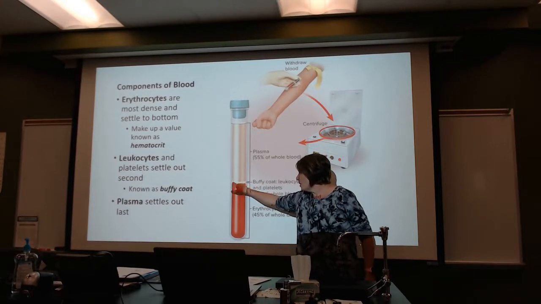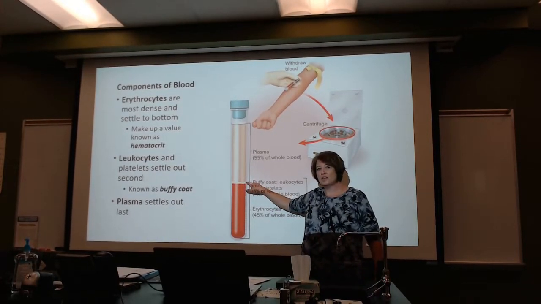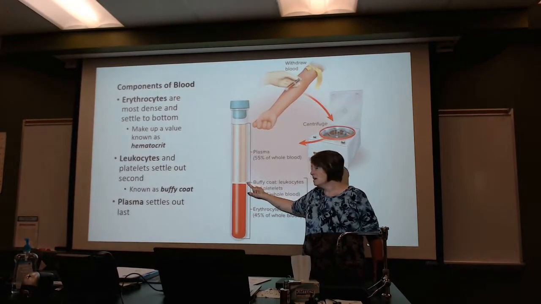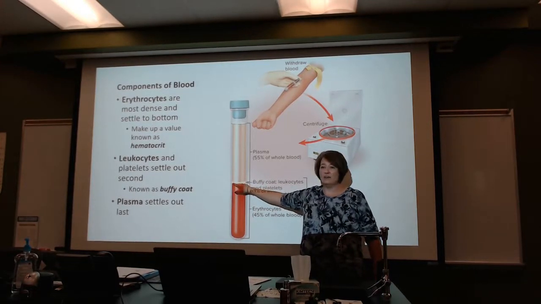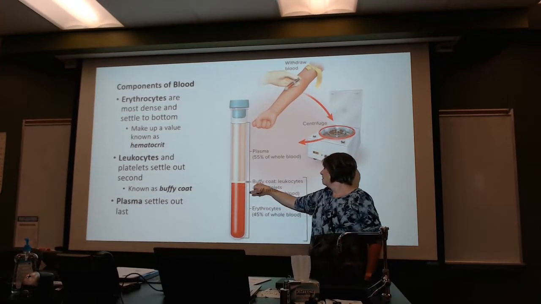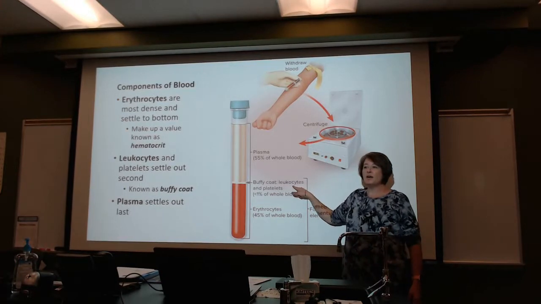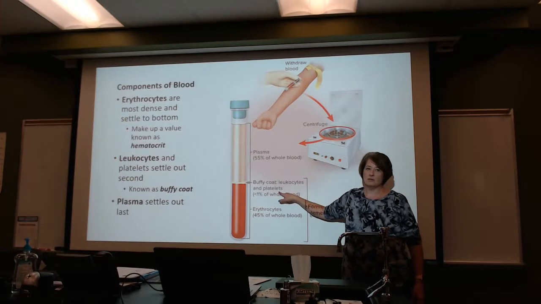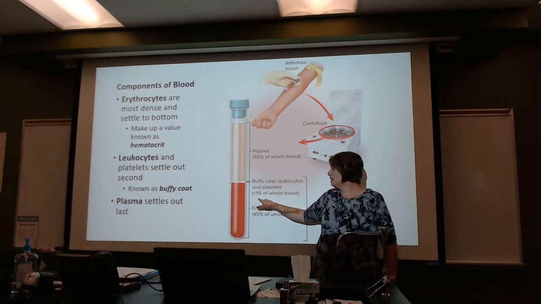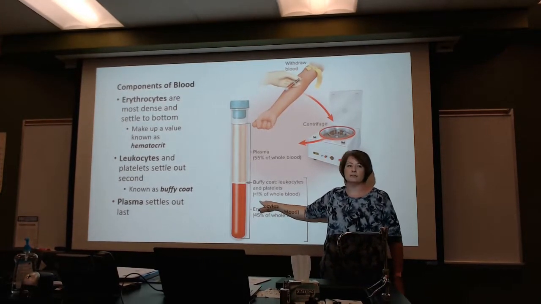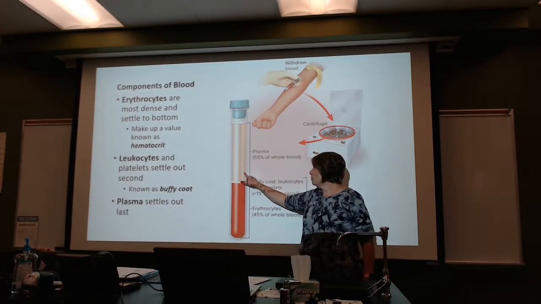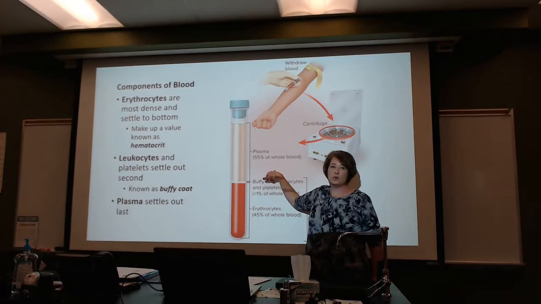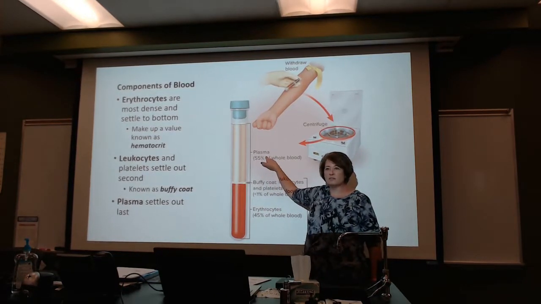This little middle part right here, they call the buffy coat, because that's exactly what it looks like. Almost looks spongy. Those are my leukocytes and my platelets. They should only make up less than 1% of the count. The remaining portion, which is the majority, is my matrix, the plasma.